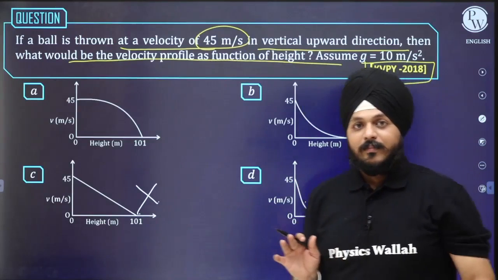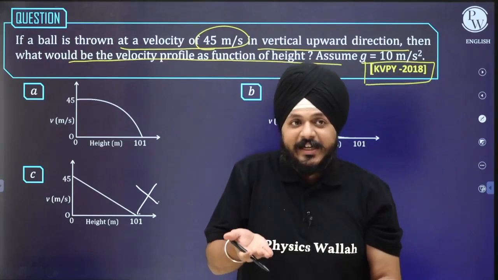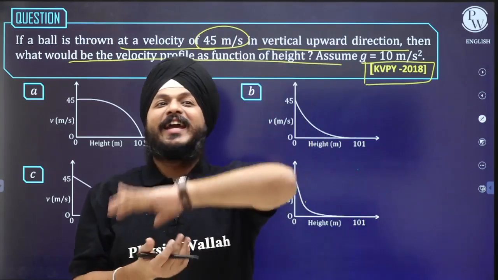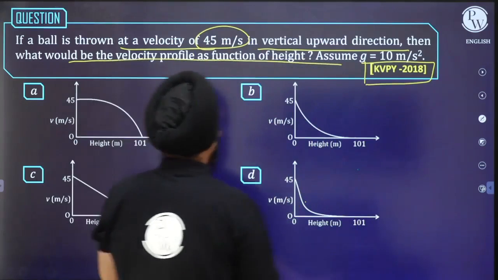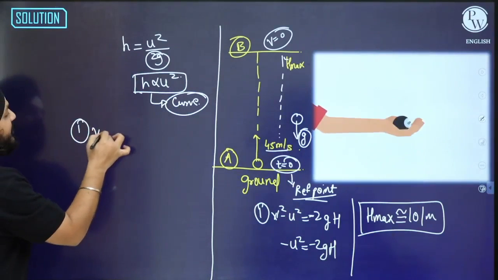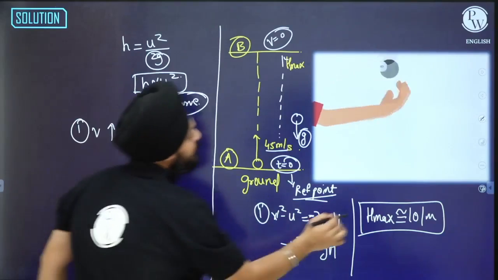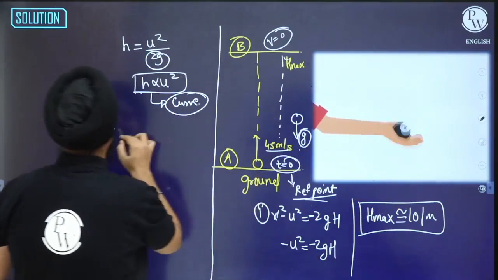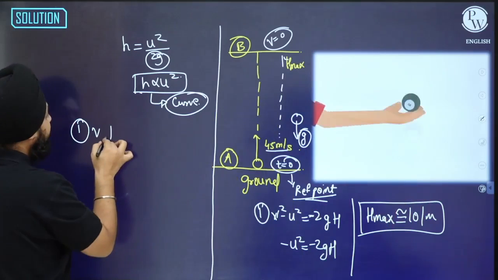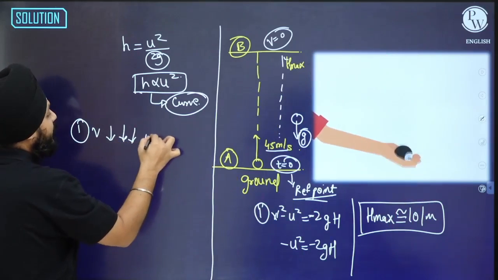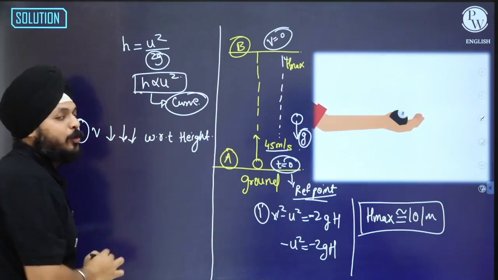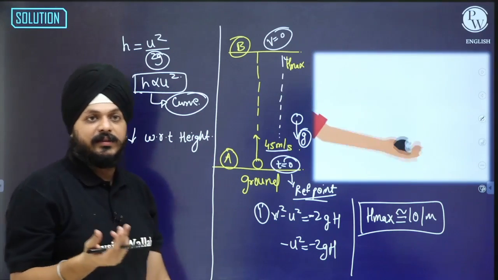Now, velocity is continuously decreasing, height is continuously increasing. It means that the slope of this graph is continuously negative. See, I'm extremely sorry, velocity is decreasing with respect to height, right? It is decreasing, yes, it's not a big deal.